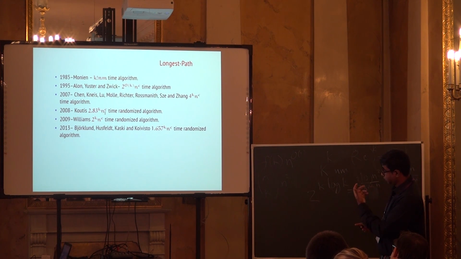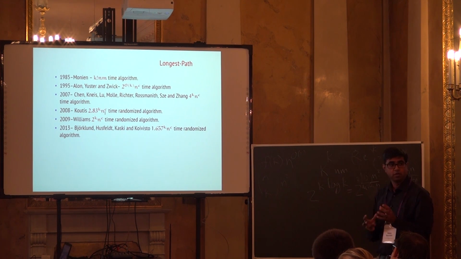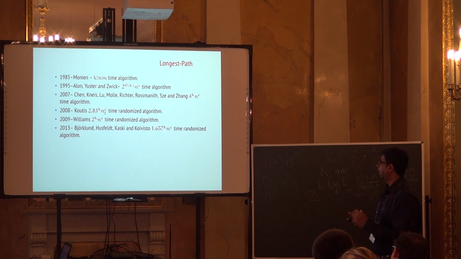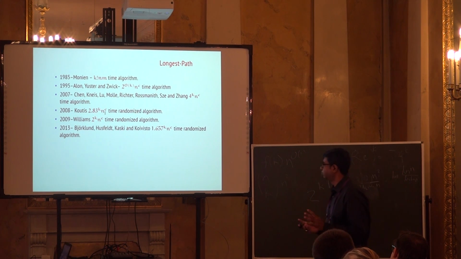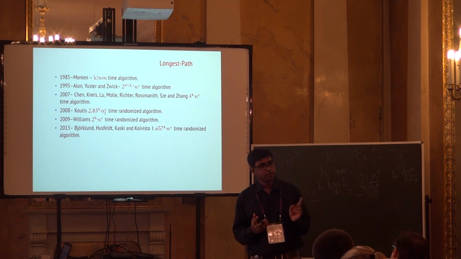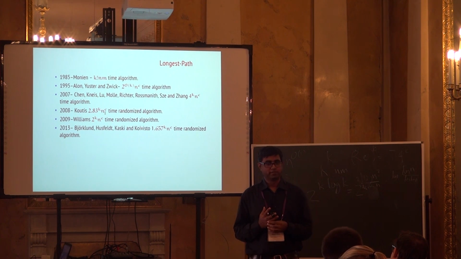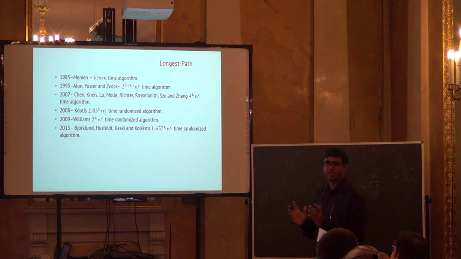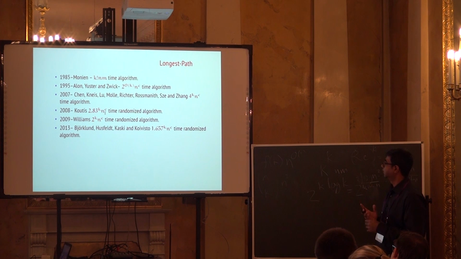That was a very nice algorithm by Koutis using group algebras, and Williams immediately improved it, doing much more group algebra. We will not see this algorithm in this course, but we will see a slightly different algorithm which achieves 2 to the power k. Basically, you can think of this as a reinterpretation of these algorithms.